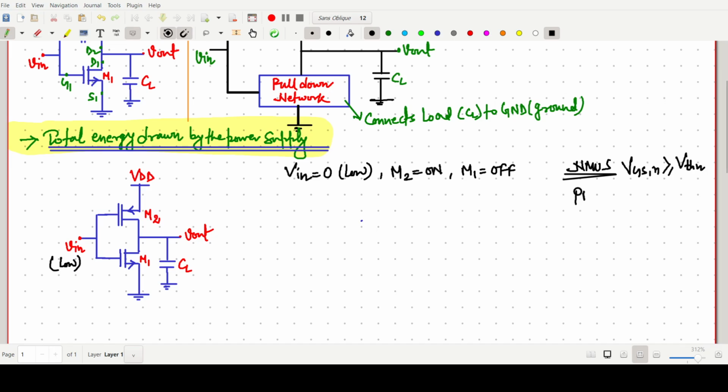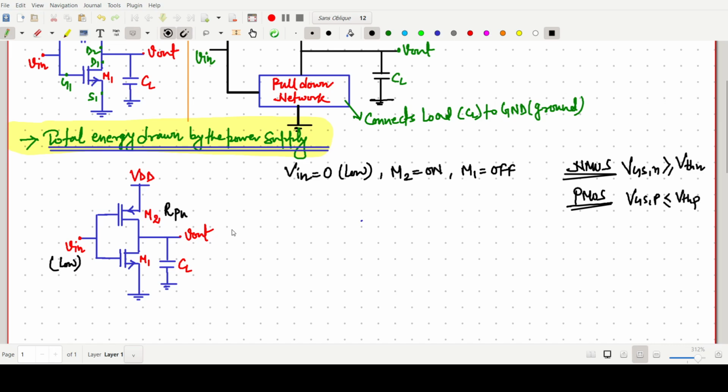For PMOS, the gate to source voltage of PMOS will be less than VTHP. So M2 transistor becomes on and M1 becomes off. Very simple.